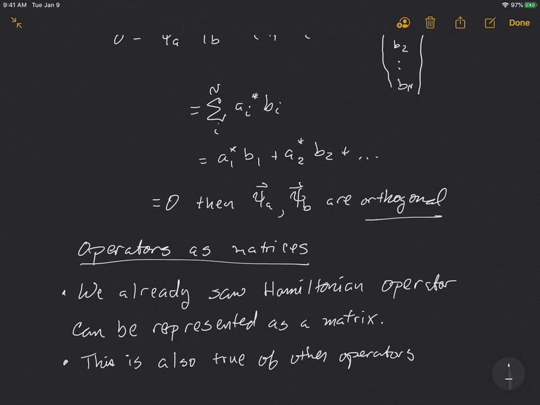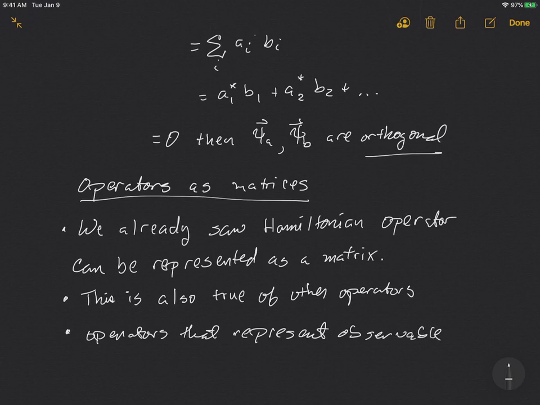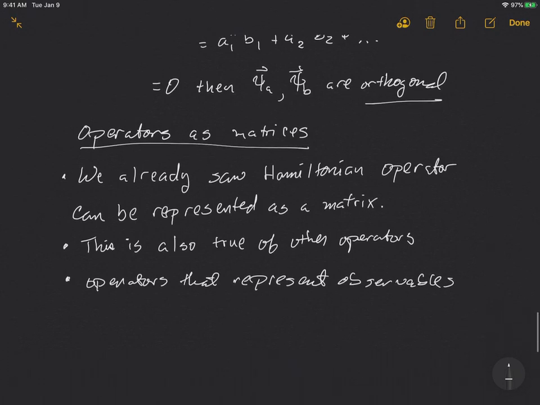And there are some interesting properties of these operators. Operators that represent observables, in other words, things that we can measure about the system, things like position, momentum, energy, dipole moment, those kinds of operators have some interesting symmetry properties, and we say that they are Hermitian.